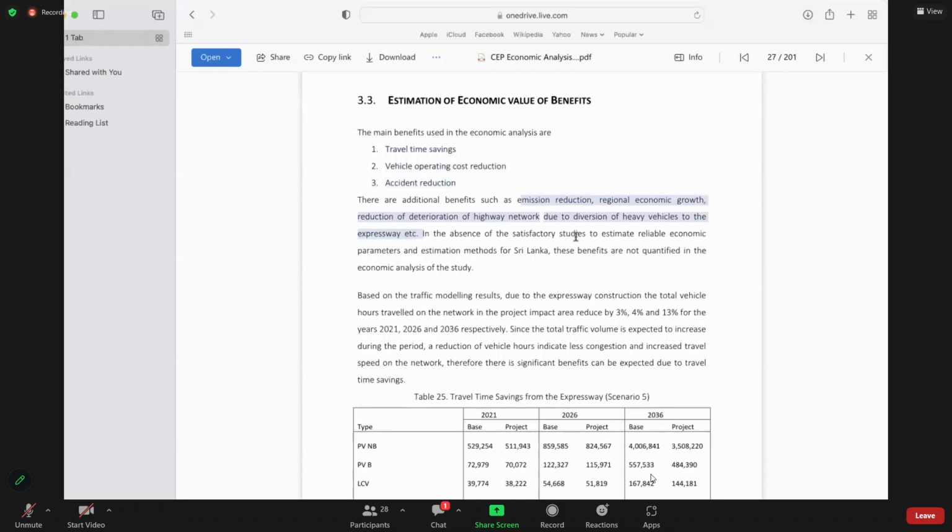However, they are saying they can't estimate these benefits reliably because they don't have the available data for that in Sri Lanka. So they have not quantified these benefits. In this particular analysis only, the first three benefits have been quantified.